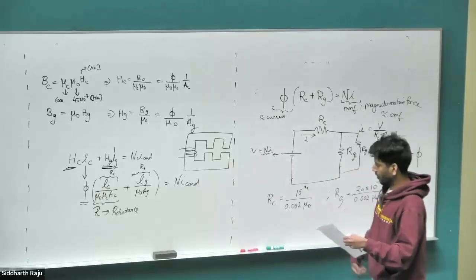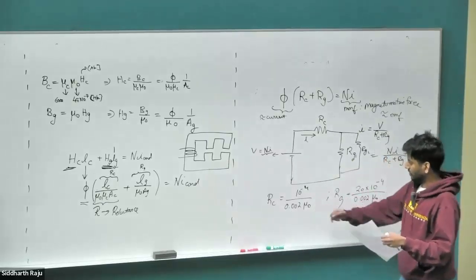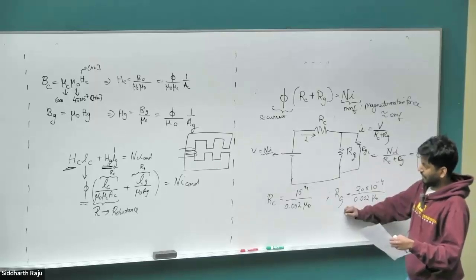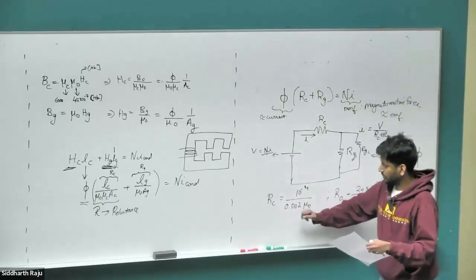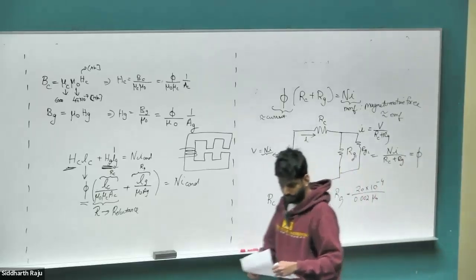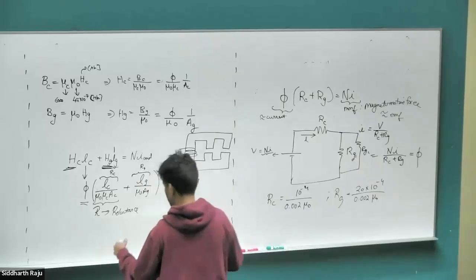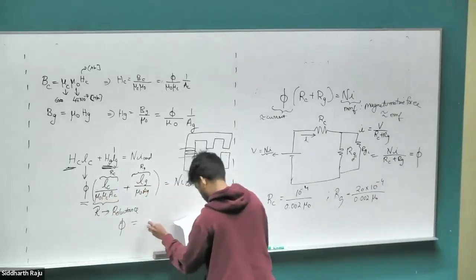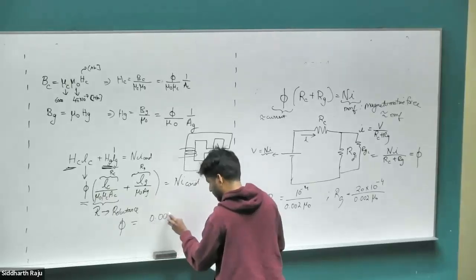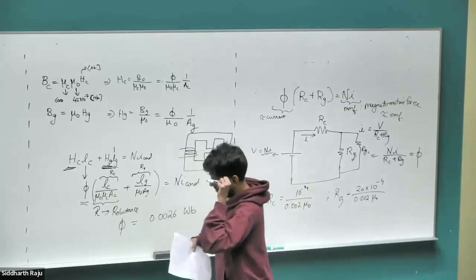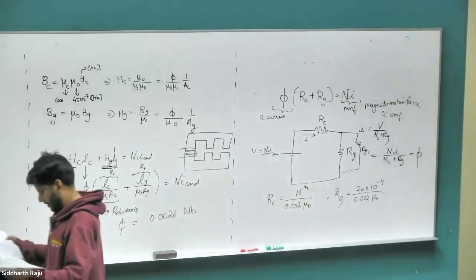So in spite of the core length being 1,000 times bigger than what we had for our air gap, it still has much lower reluctance because of the relative permeability being much higher, right? So that is our reluctance. Once you substitute the reluctance here, substitute the current, the flux comes out to 0.0026. Again, in the homework, don't forget the units, Weber, named after a German physicist.